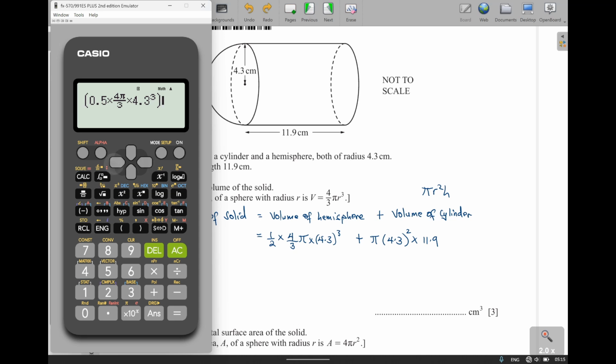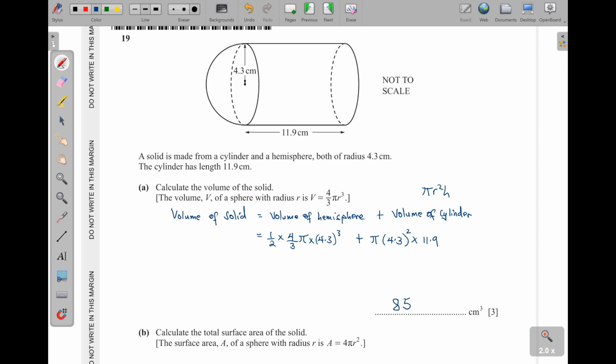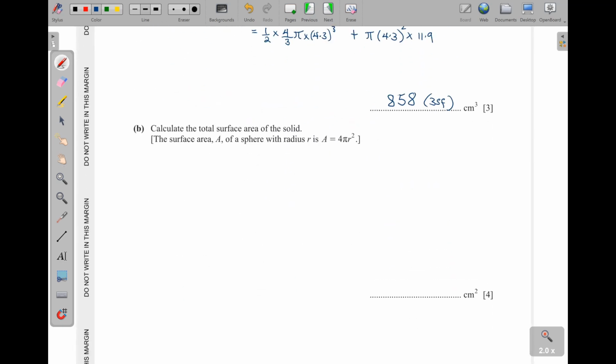So I add on this other one here, which is pi, then times 4.3 squared, then times 11.9. So all of it together, I get 857 and the rest of those figures, but to three significant figures, I can write 858. Three significant figures, because this is a non-exact number.